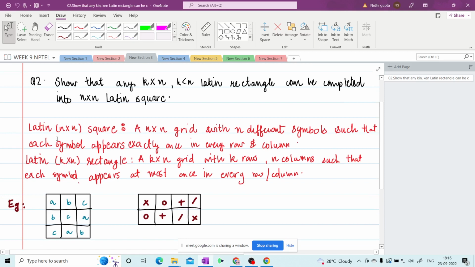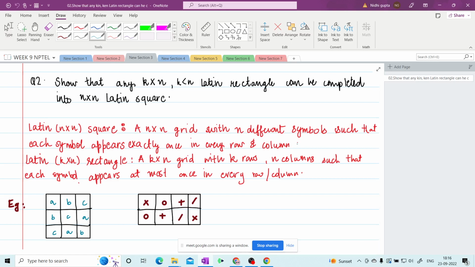So a Latin square of degree n, that is an n cross n Latin square, is basically an n cross n grid, and we have n different symbols, and each row and each column are allowed to have exactly one symbol. Any symbol should appear exactly once in each row or column.